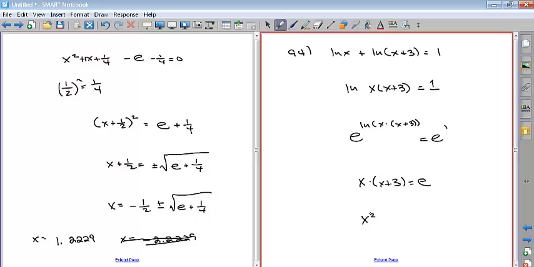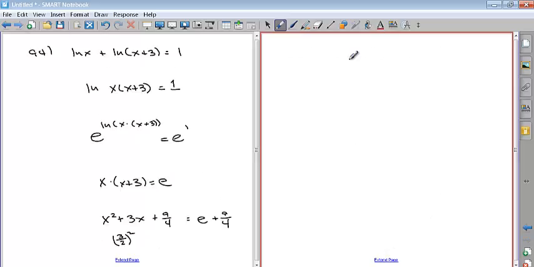Multiply out the left hand side, x squared plus 3x. And I'm going to leave e on the other side. So again, you take 3 divided by 2 and square it. So that's 9/4. So we add 9/4 over here as well. Make that into perfect squares, so it'll be x plus 3/2 quantity squared is equal to e plus 9/4.